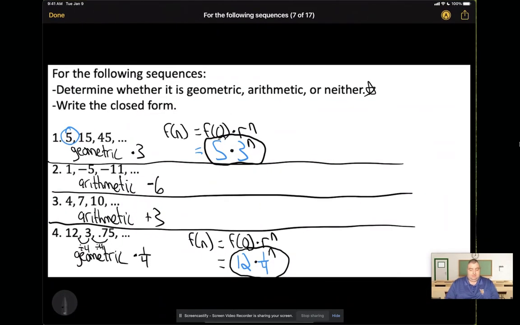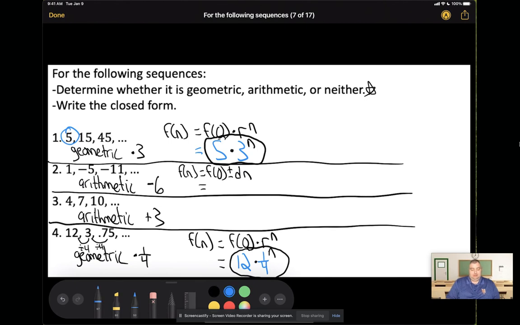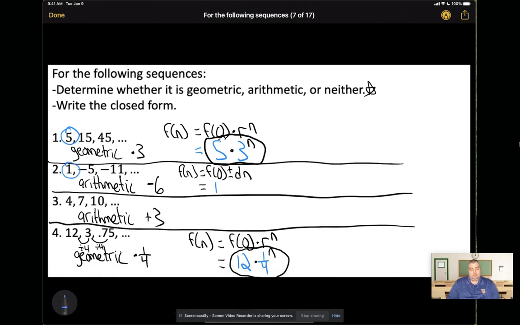So once again, even though it's a different formula, f of 0 is still my starting term. So my starting term in this case is 1.